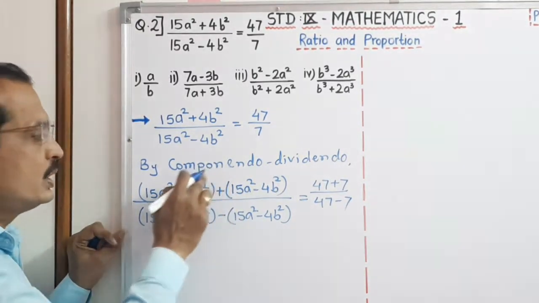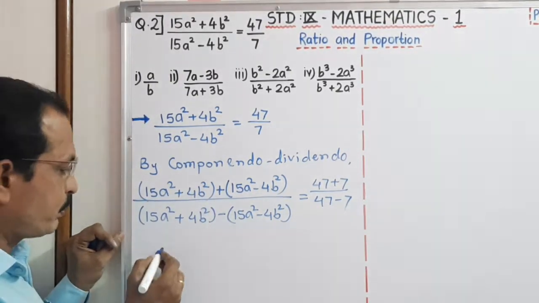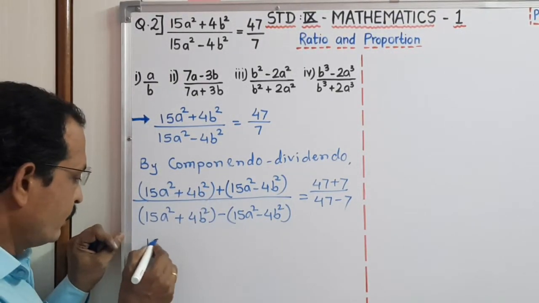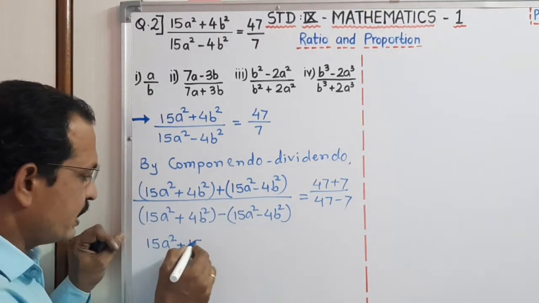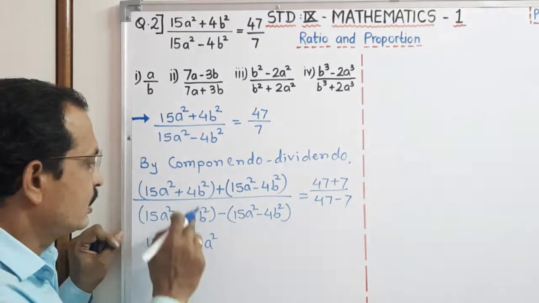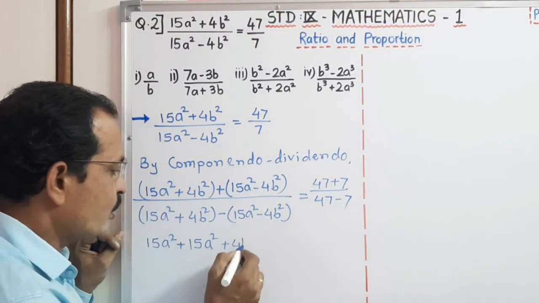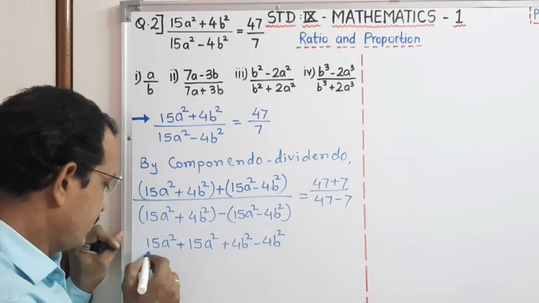Now we have to do the addition of these two. For that purpose, we write 15a² plus this 15a². That means we take the similar terms together. Then plus 4b² and this minus 4b².